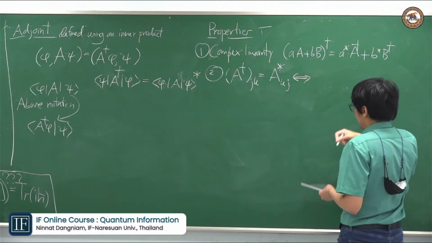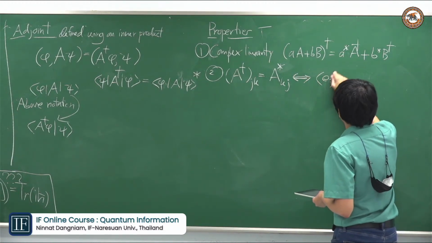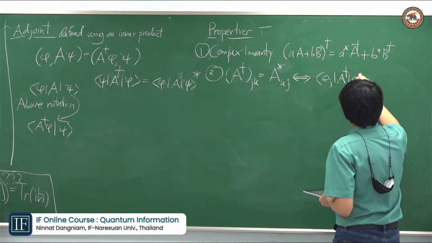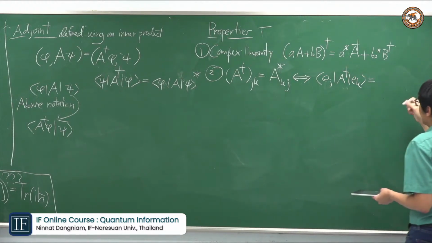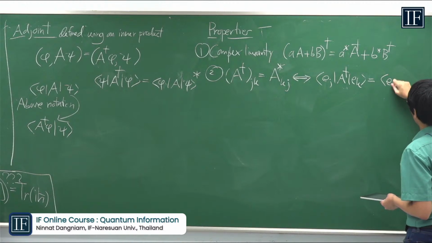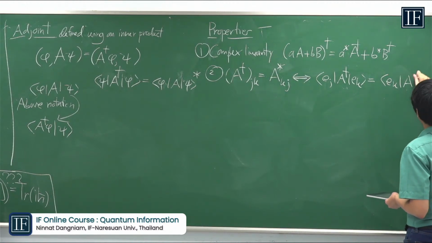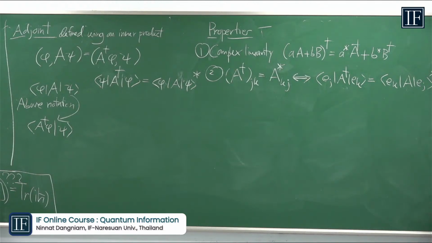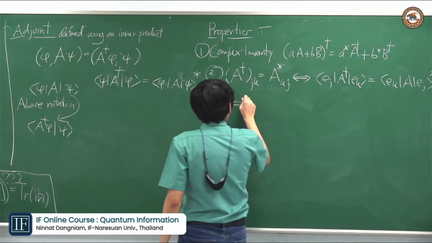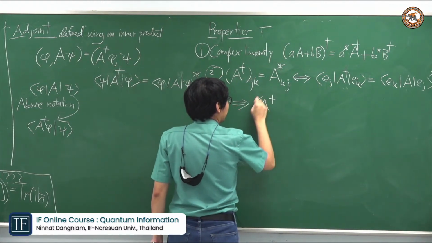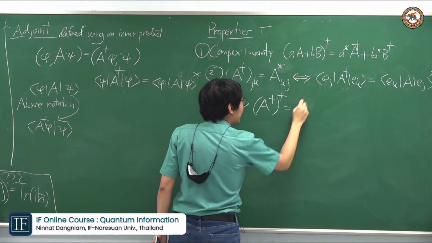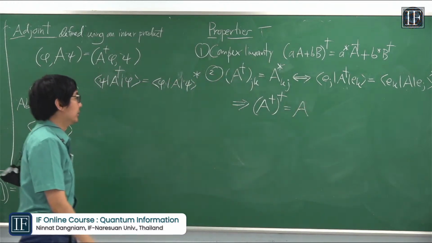So which means in an ONB, here I'm just translating it to Dirac notation. In particular, this also means that if I take the dagger twice, I just get the same thing.